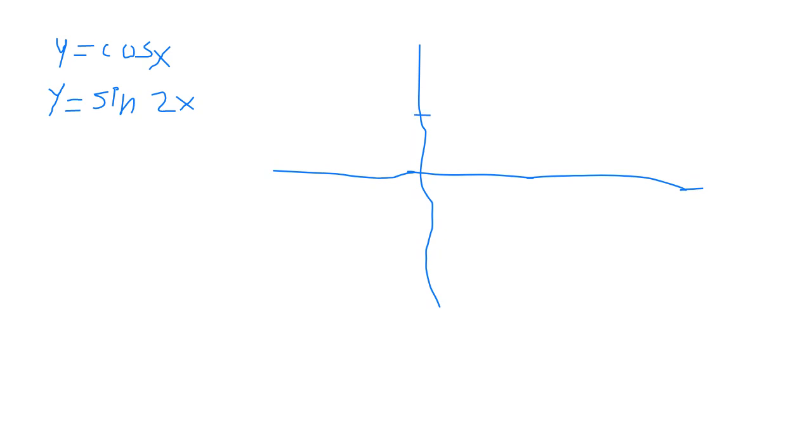We'd have 1 here, and let's say pi over 2 is over here. Then we could also have a negative pi over 2. For cosine of x, we have something like this right over here.